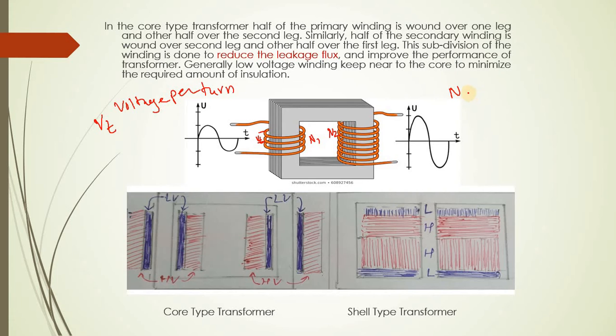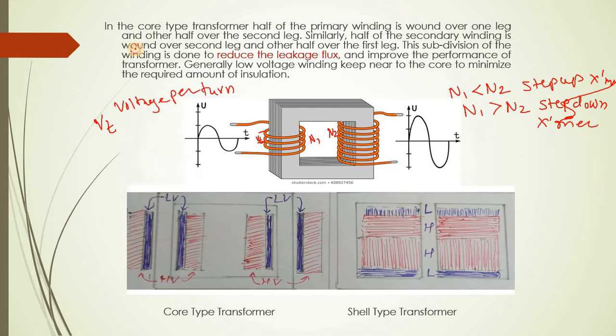So when N1 is less than N2, or we can say that N2 is greater than N1, this will be a step up transformer, and when N1 is greater than N2, or the secondary voltage is less, then it is called a step down transformer. That is called step down transformer and step up transformer.